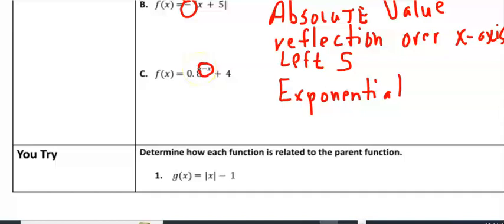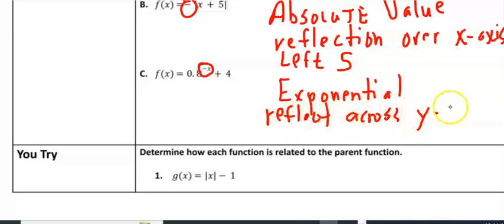So it's going to reflect across y-axis because I'm negating the x's, right? And then what else am I going to do? Up 4. Is this making sense or not? Yeah. Kind of. Clear as mud.